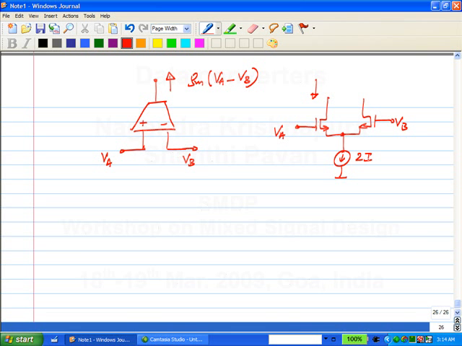If VA equal to VB, I'm assuming that the drains are connected to a high potential so that the transistors are operating in saturation. So if VA equal to VB, what is the current on the left? Let's say both of these are connected together, what are these currents? This is I and this is I, correct? Now if VA minus VB is a small number, what is the current now on the left side?